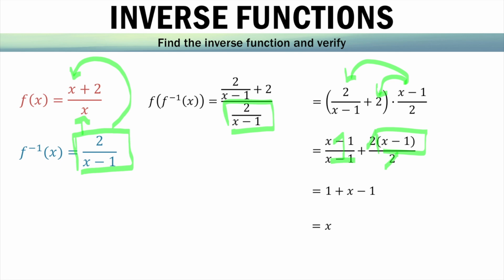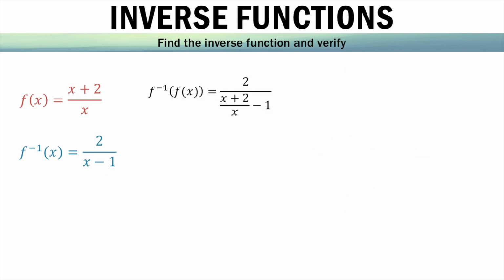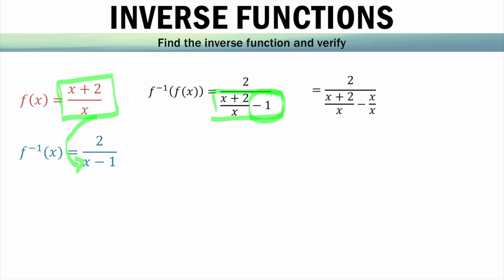All right, you ready to reverse that? Okay, so this time we're taking f of x and plugging it in for x. So yikes, how do you do this? We've got to deal with the bottom first. So we need to find a common denominator in order to combine those bottom terms. So instead of a 1, I'm going to have x minus x.